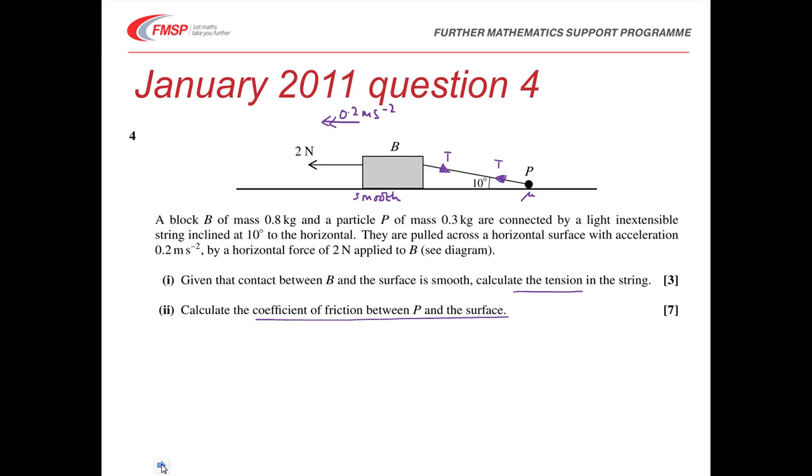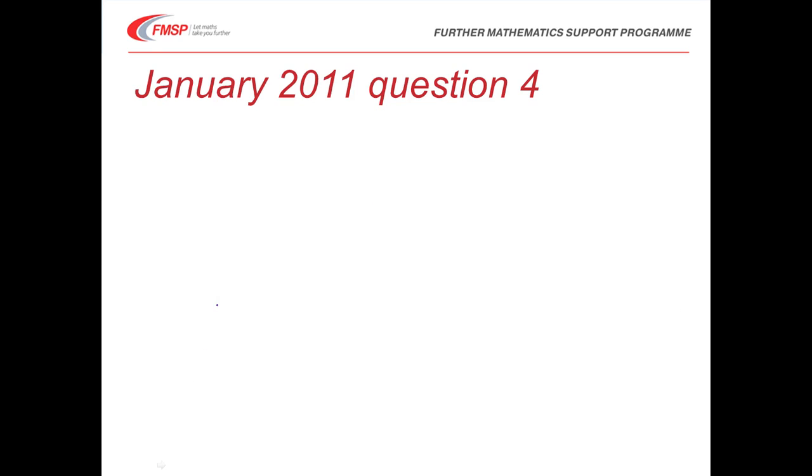Okay, let's draw the diagram first then. I want to make sure I've got everything, including those components, clearly drawn on. So this is the block that's in smooth contact, 0.8 kilograms. So there's no friction to be concerned about here.